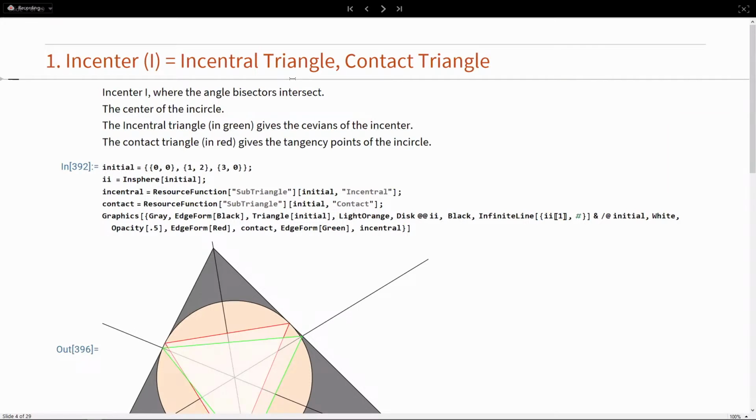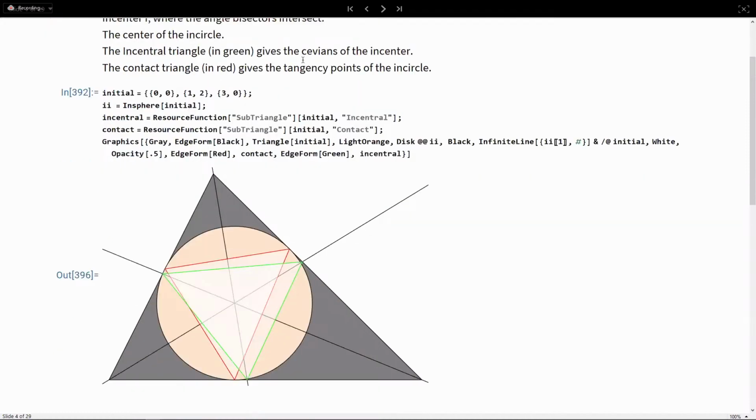And we'll start with the incenter, which is the intersection of the angle bisectors. It's been known for 4,000 years that if you bisect each angle of a triangle, they intersect at a point which is the center of a circle tangent to all three sides.